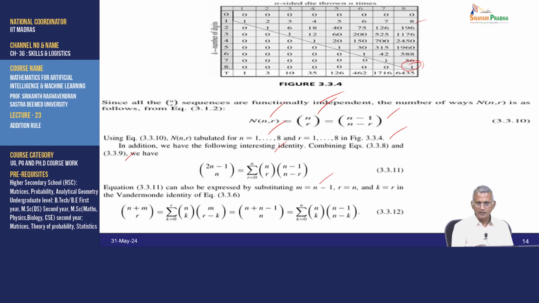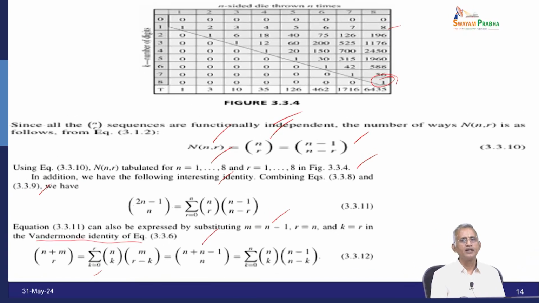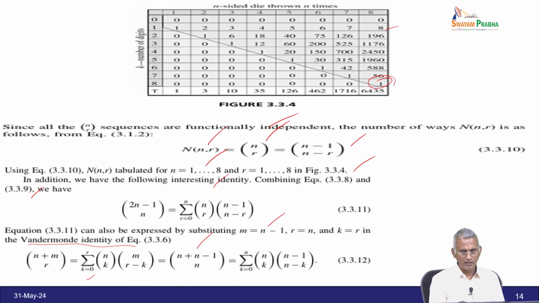So, using this identity, n plus m C r equal to summation k equal to 0 to r of NCK into MC r minus k, equal to n plus n minus 1 C n, which is equal to summation k equal to 0 to n of NCK into n minus 1 C n minus k. So, this is the picture representation with the Vandermonde identity.